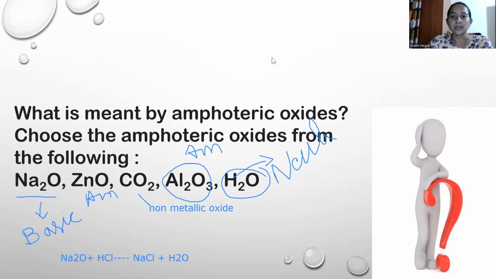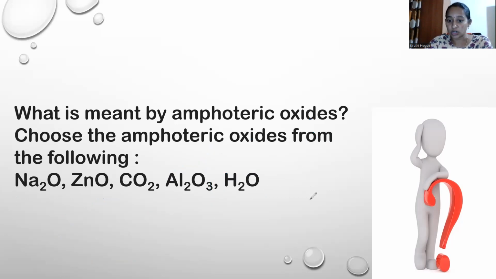We have discussed metal oxides and their nature. Metal oxides are generally basic in nature, but two oxides, zinc oxide and aluminium oxide, are both acidic and basic, hence they are called amphoteric oxides. Shall we move further?